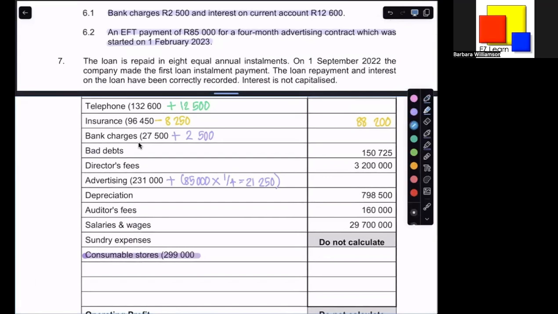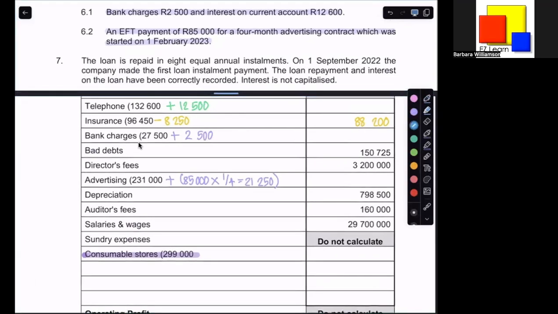The loan is repaid in 8 equal annual installments. On the 1st of September 2022, the company made the first loan installment payment. The loan and repayment interest on the loan have been correctly recorded, and interest is not capitalized.